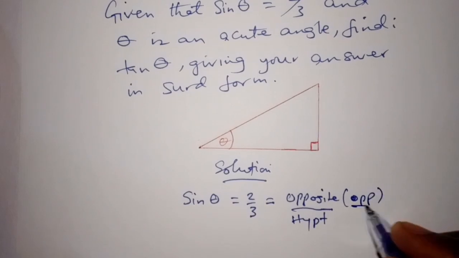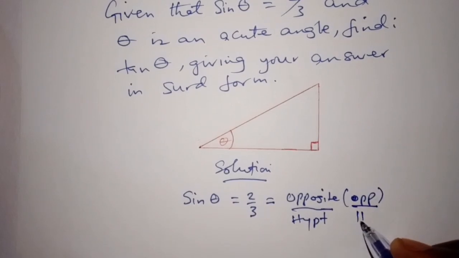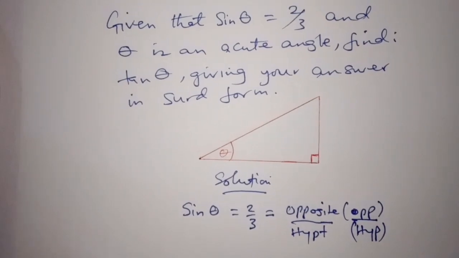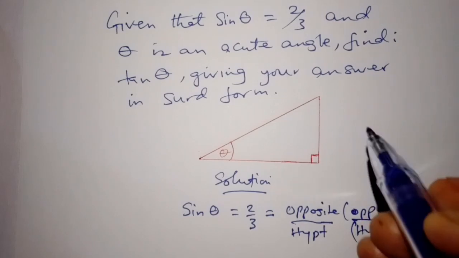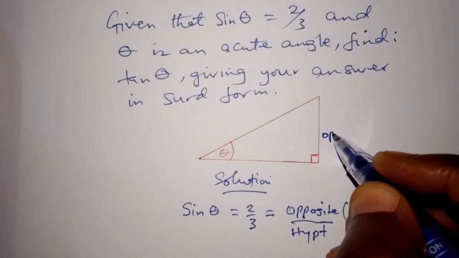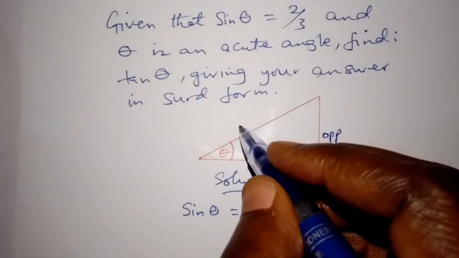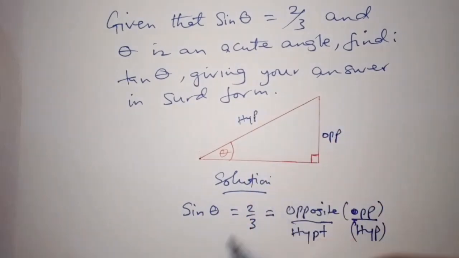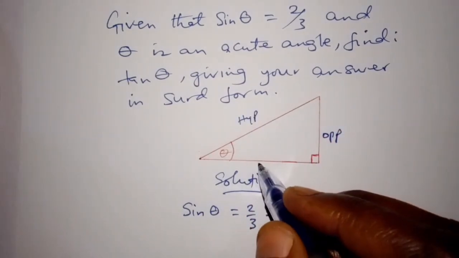So sine theta is opposite over hypotenuse. So this is our opposite, this is our hypotenuse, this is our adjacent.